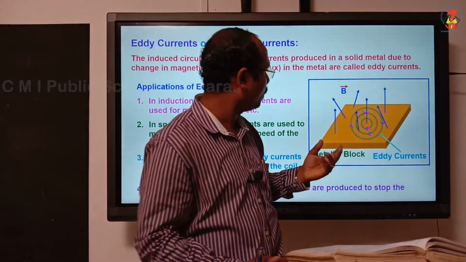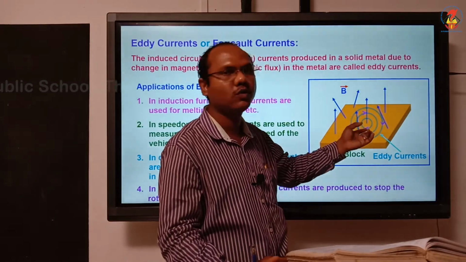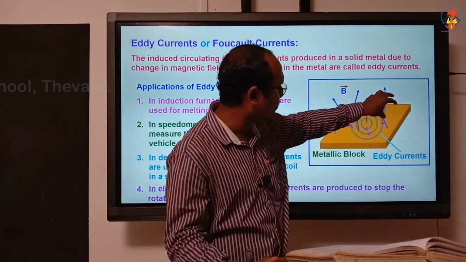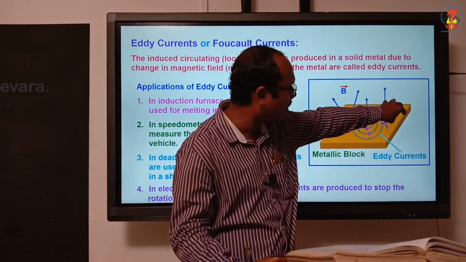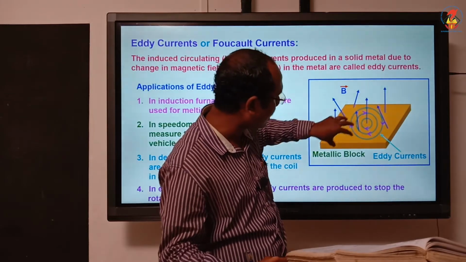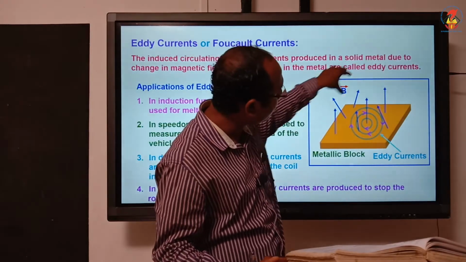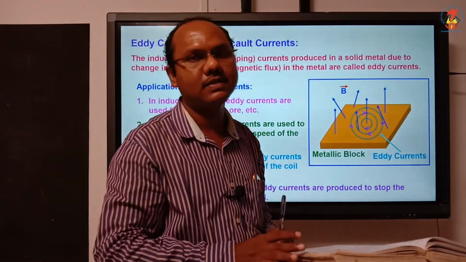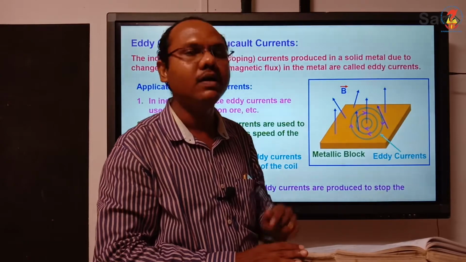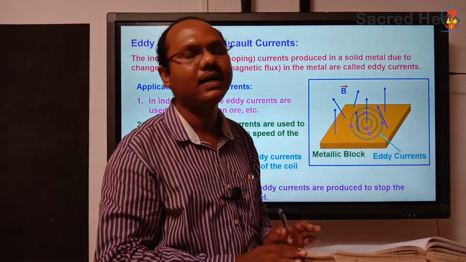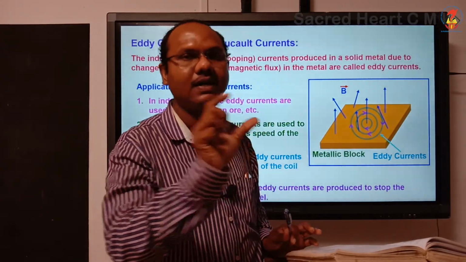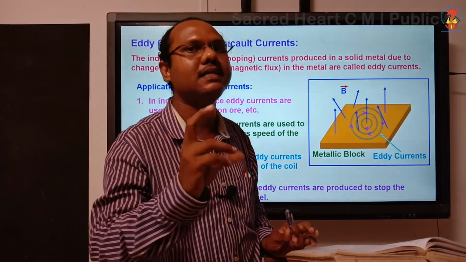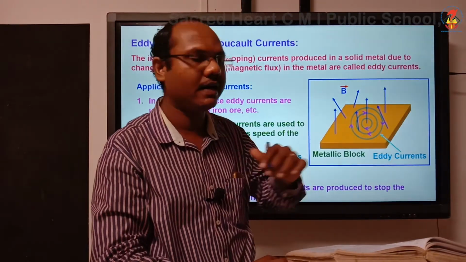You will not only see 2 or 3 loops. There are many loops. For example, one loop may be here, another loop may be here, another loop will be here. Like that, there will be many current loops all throughout the surface area of the conductor. That is why it is called eddy current. So the word eddies means it is like a whirlpool, current loops.